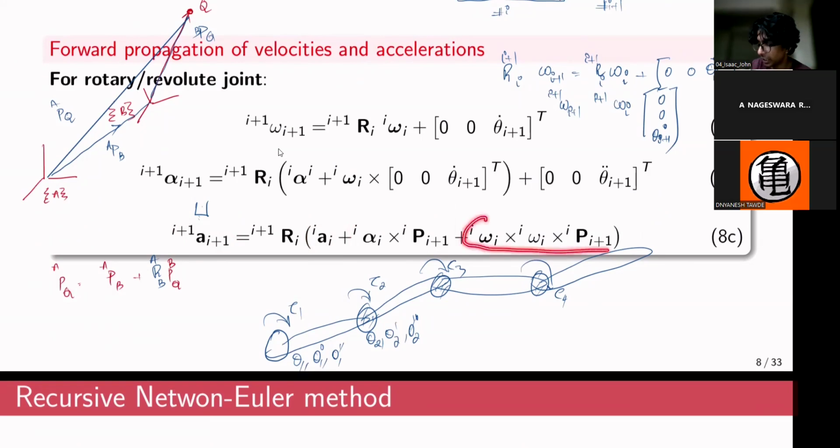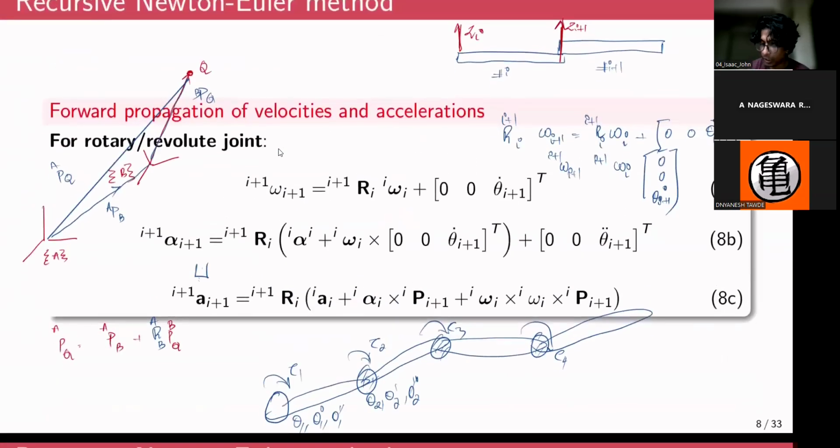And then we also have the centripetal acceleration caused by the rotation of the previous joint, right? And all of these terms will be shifted to the current frame, that is the i+1 frame, by pre-multiplying with the rotation matrix. So everything can be brought to the i+1 frame.